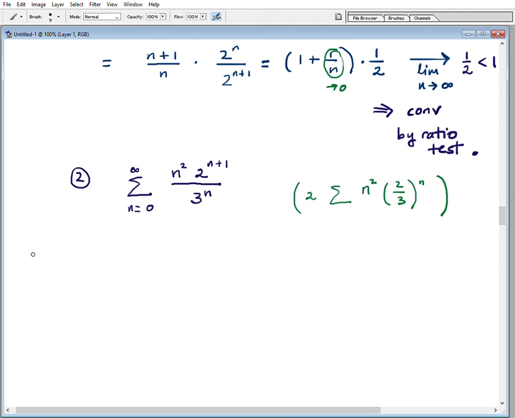I'm not using absolute value because everything here is positive. Add 1: here we have n plus 2. So this is the top term, and the bottom one.